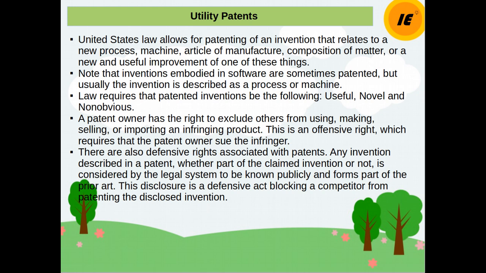According to US law, an invention may be patented if it relates to a new process, machine, article of manufacture, composition of matter, or a new and useful improvement of one of these things. That is interesting. Last one, it's not necessarily a totally new thing. It can be an improvement of the old thing. Note that inventions embodied in software are sometimes patented, but usually the invention is described as a process or machine.